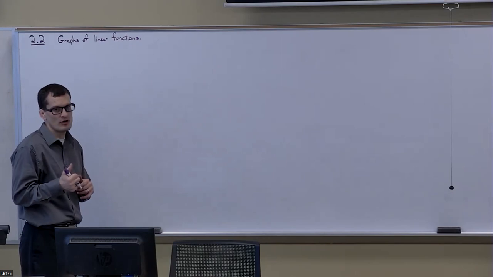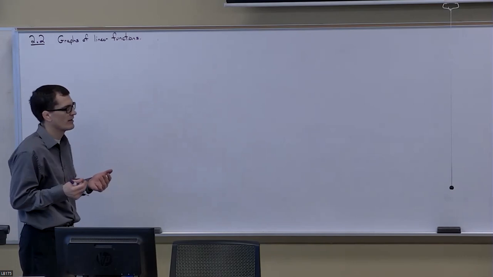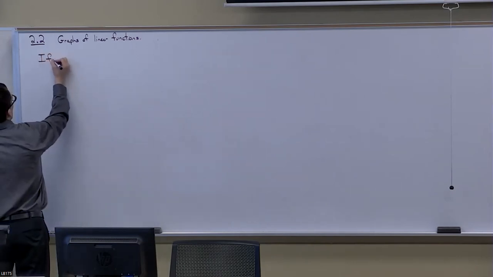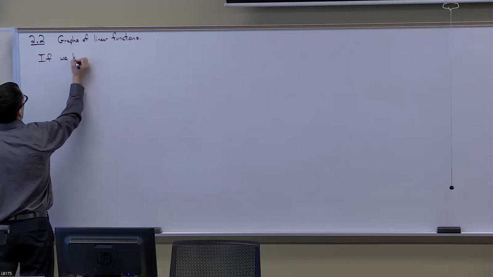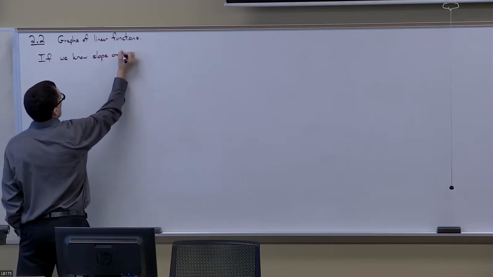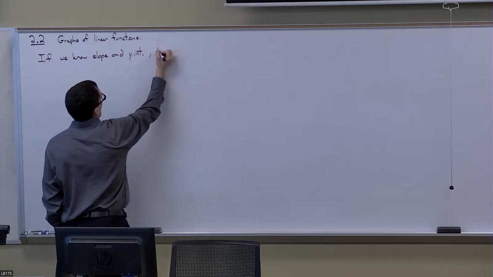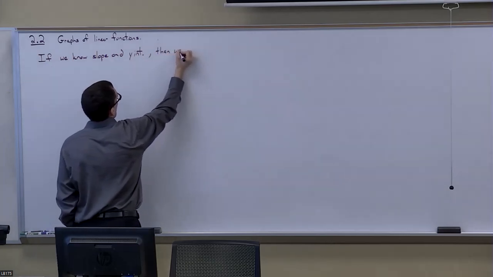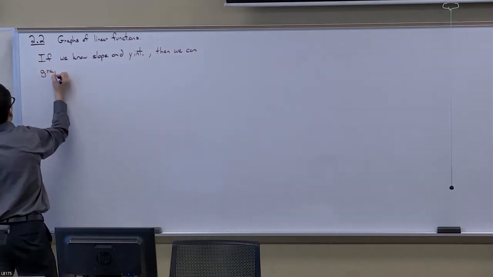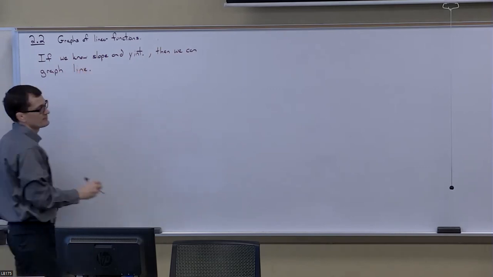If you know the slope and the y-intercept, then you can graph the line, right? So if we know slope and y-intercept, then we can graph the line of a linear function, right?